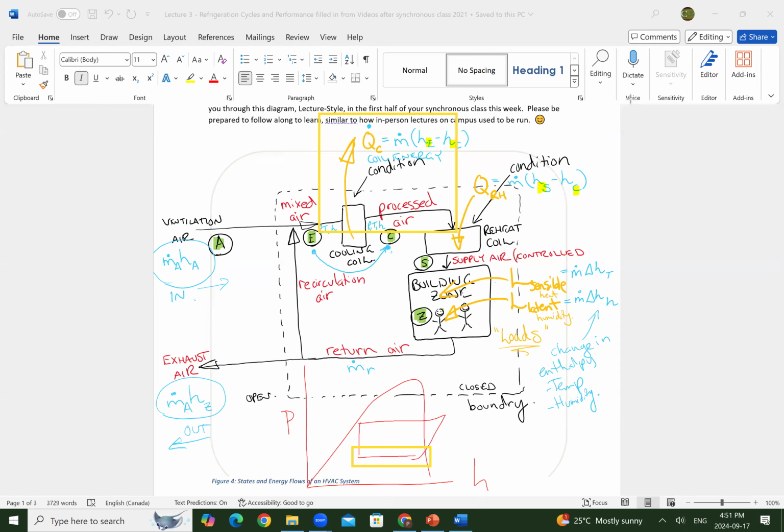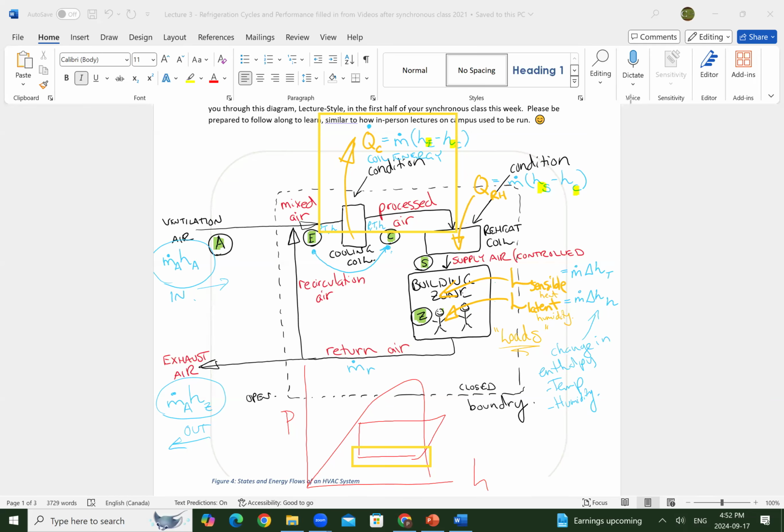And the temperature going in is going to be lower than the temperature going out, and the enthalpy at the beginning of this is going to be lower than the enthalpy when you take on all of that heat. So I would look at cooling first.